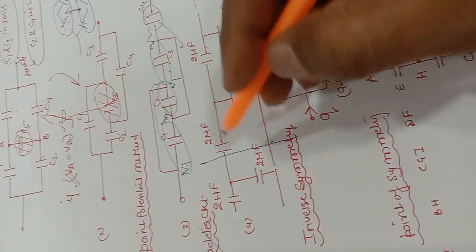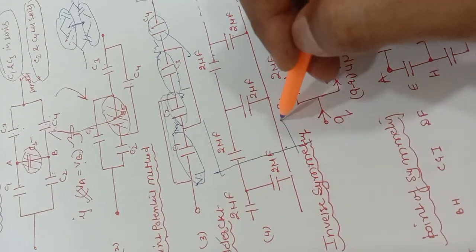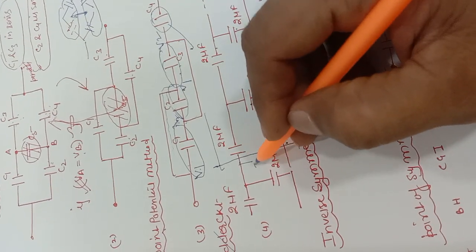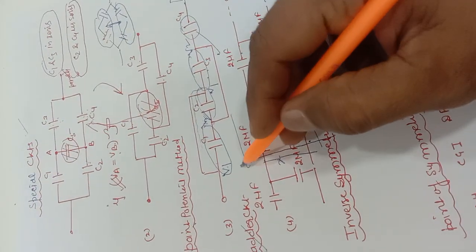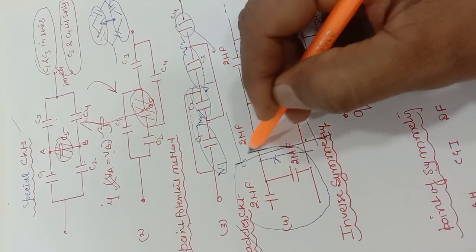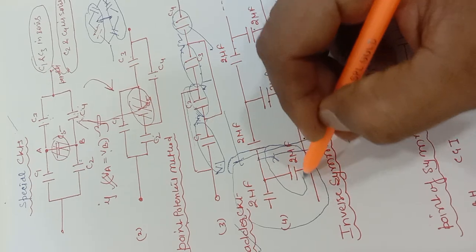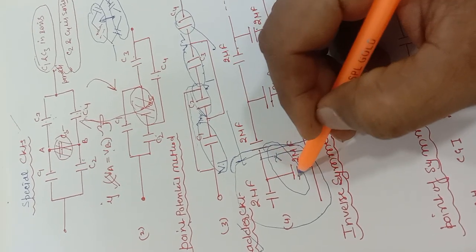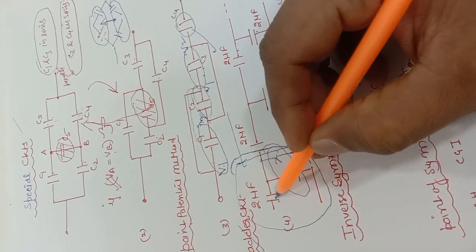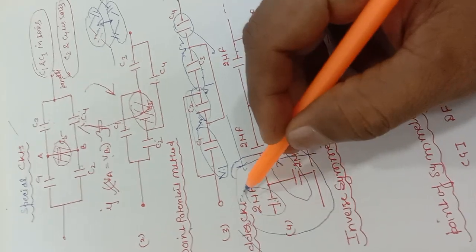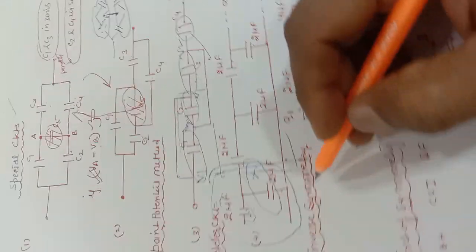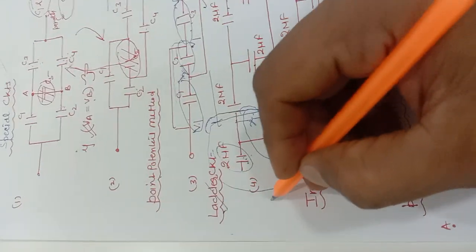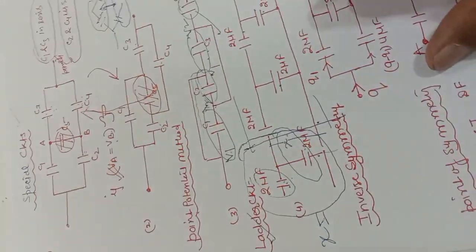That means we can remove this assembly and add some X. So our new circuit becomes this: X and 2 farad will be in parallel, then in series with 2 microfarad, and the resultant will be equal to X.